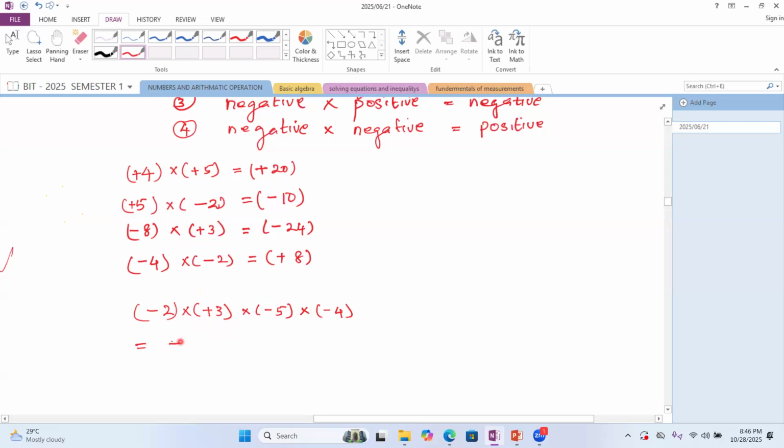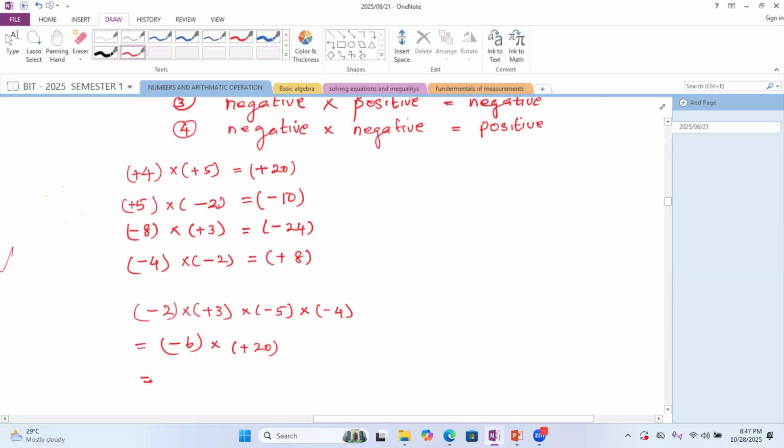Therefore, negative. 2 multiplied by 3 is 6. Then we write the rest of the numbers: negative 5 multiplied by negative 4. Negative multiplied by negative, so we get the result positive. 5 multiplied by 4 is 20.